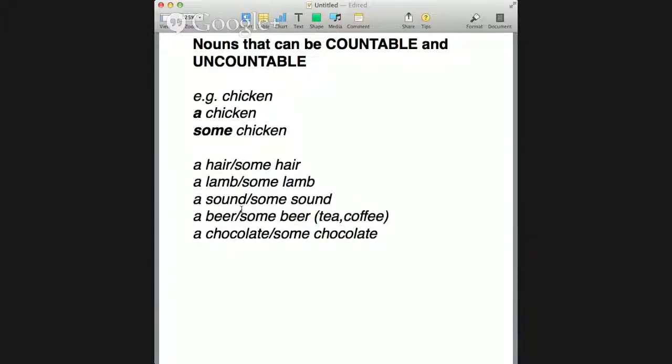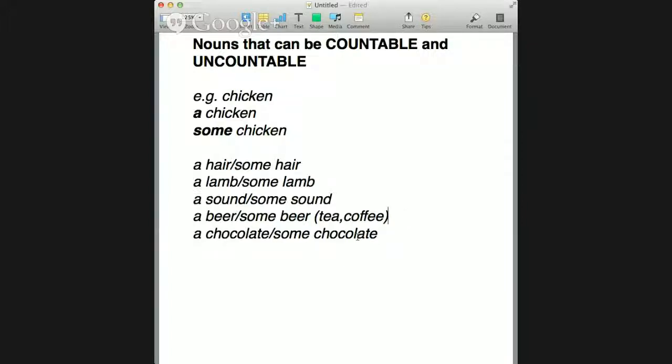If you say a beer, a tea, a coffee, what you mean is one particular drink or a cup of that, or a beer bottle. Some beer is just exactly the liquid form. So tea, coffee. You can even say like a water. If you hear somebody say, "Can I have a water?" what they mean really is a glass of water.